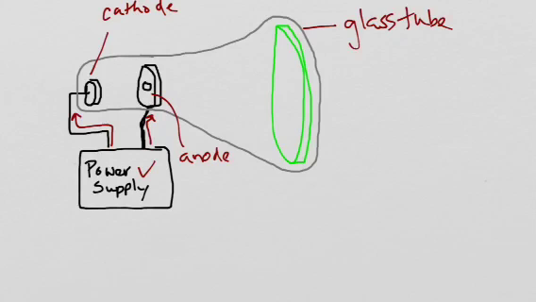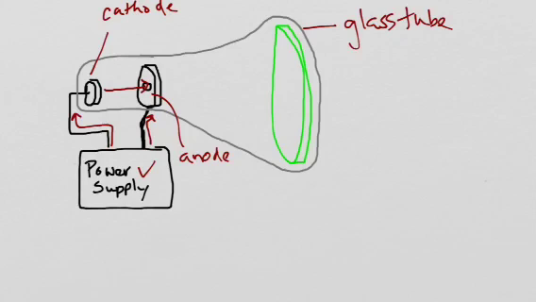And what ends up happening is that it was measured that when there's a high voltage that goes through the cathode, it starts to emit these little particles that end up being attracted towards the positive anode from the cathode.